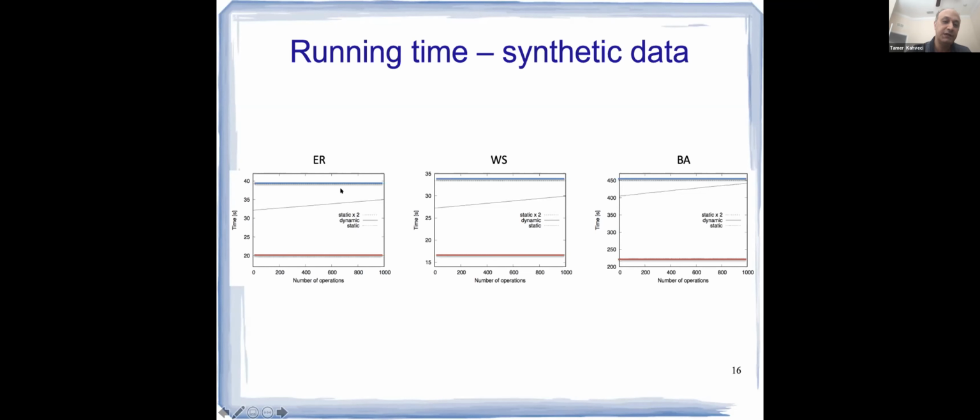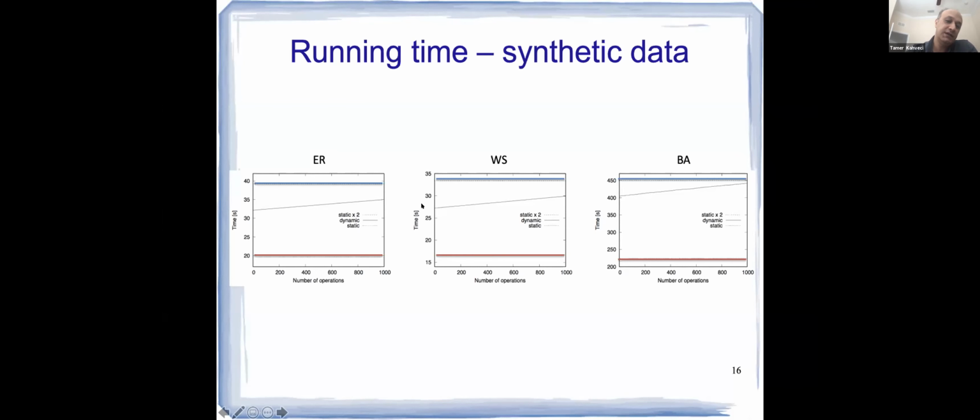The blue horizontal line shows the total time to calculate the motif count for only two states of the network, the initial state and the final state after 1000 edit operations. The diagonal line in between is the running time of our algorithm for calculating the motif count at each and every state of the network for 1000 consecutive network edit operations.